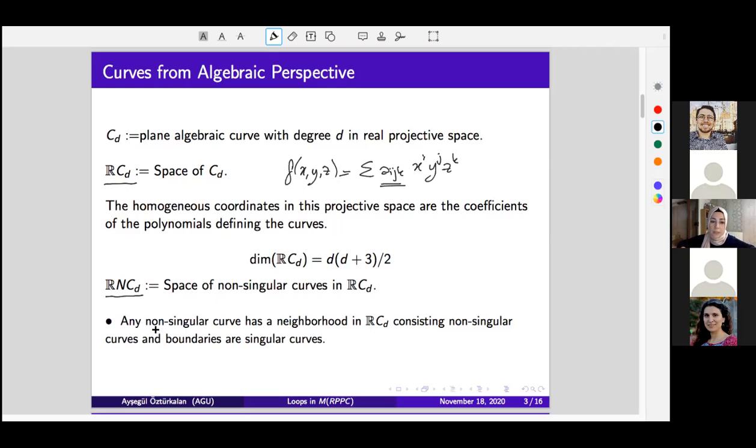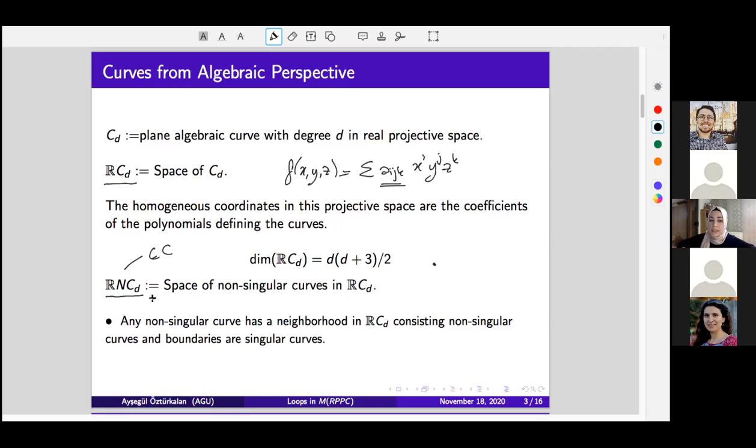And notice here, any point here will be a curve. So any non-singular curve has a neighborhood in RC_d consisting of non-singular curves, and the boundaries are singular curves. What does it mean?